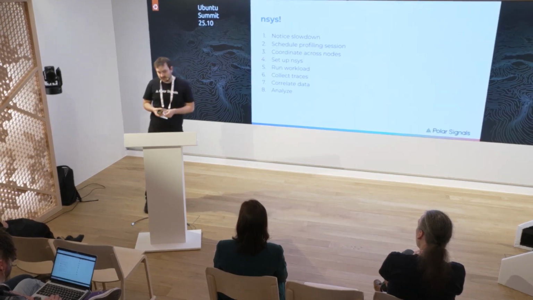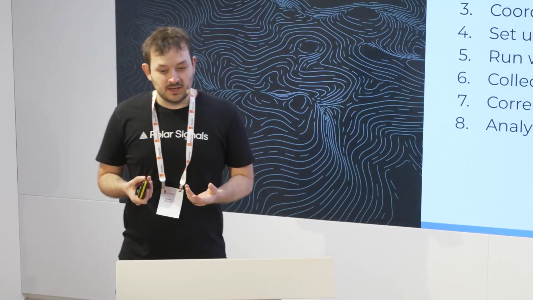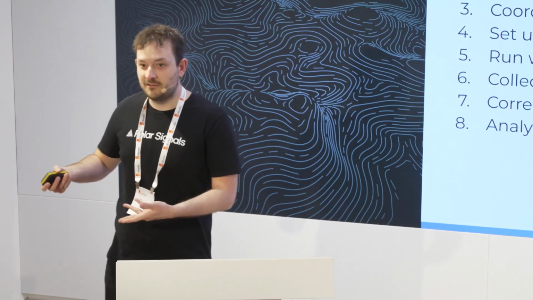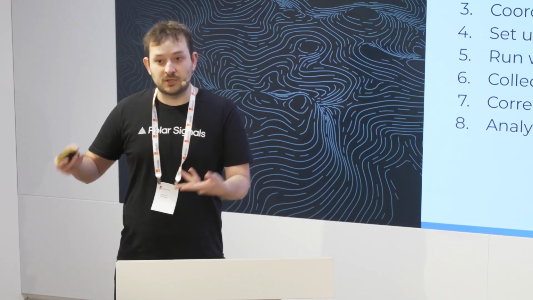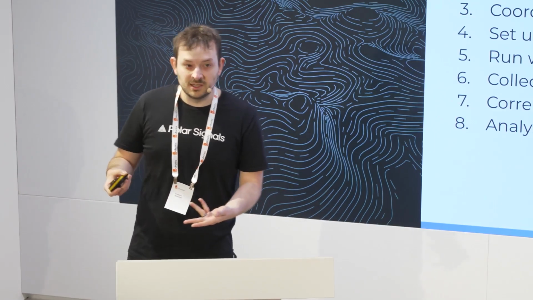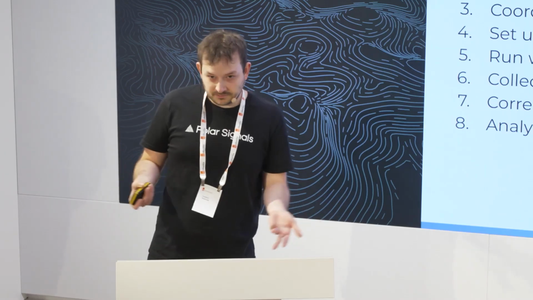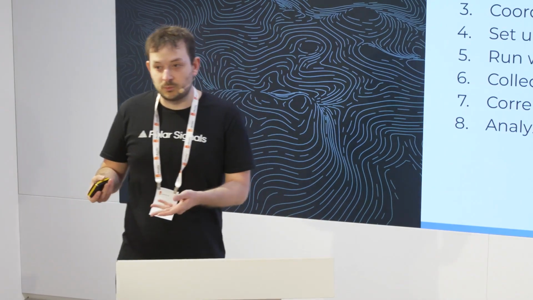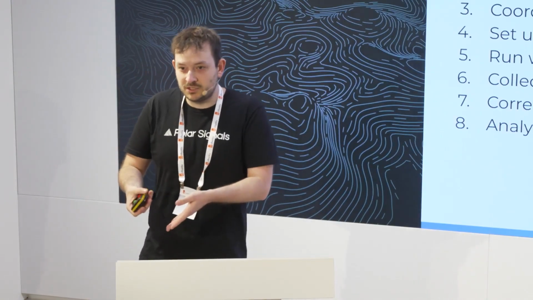to analyze this. The thing is, NSight was born in a world where we don't necessarily have distributed AI training or distributed inference. And so, maybe people are familiar with perf within Linux, much like perf, it's born in a world where I'm running one application, and I want to understand what this one application is doing.